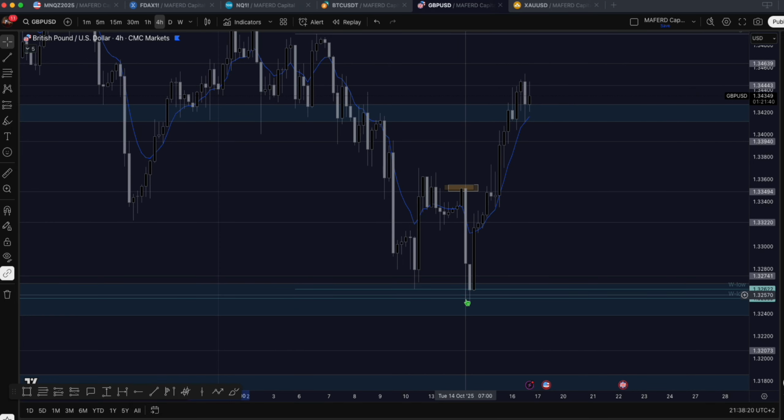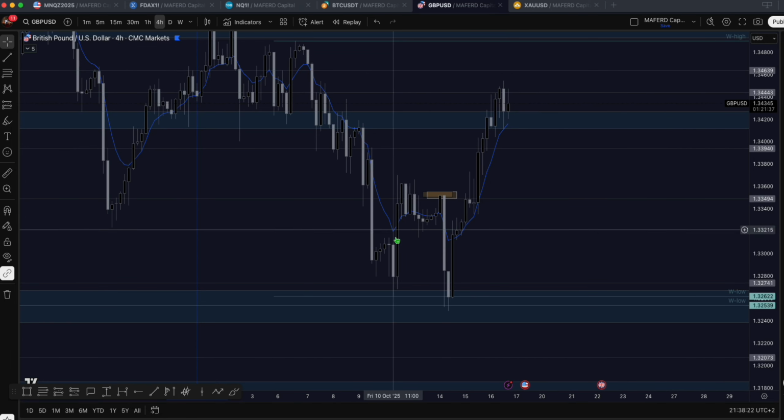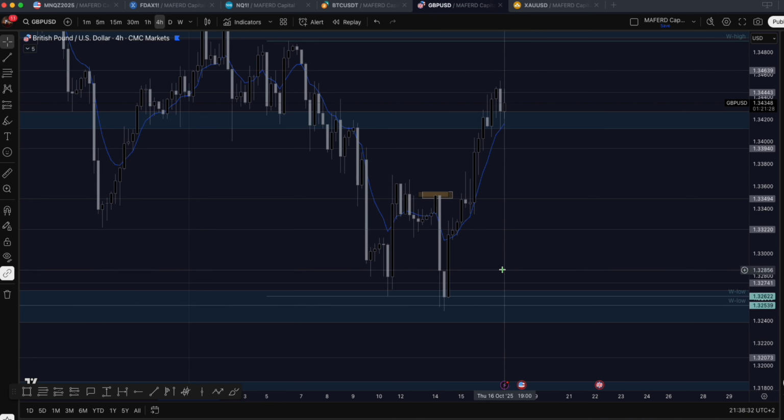And if we go on the 4 hour, for example, I was honestly also looking to take the long from here, but the price turned fully bearish once it got there, so I stopped looking for a long position from there and waited for the next day, which is yesterday, where it took the long position.